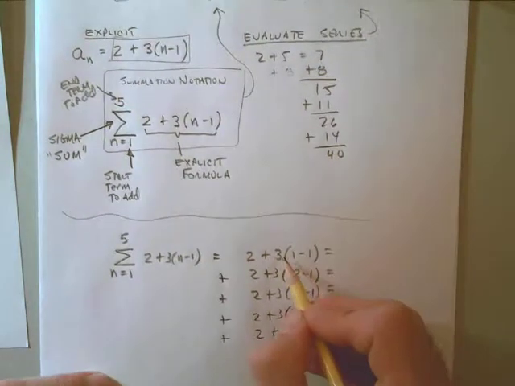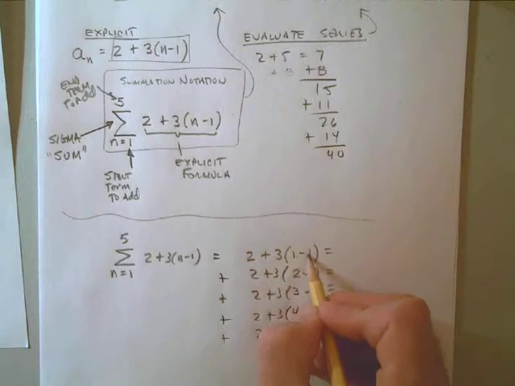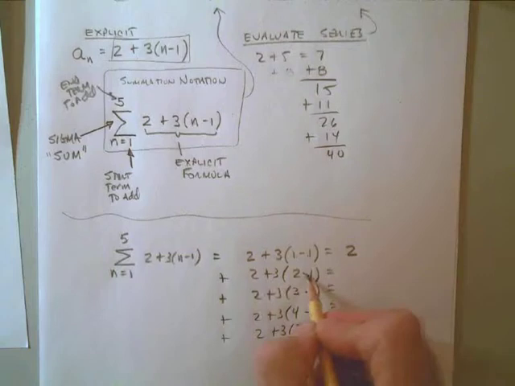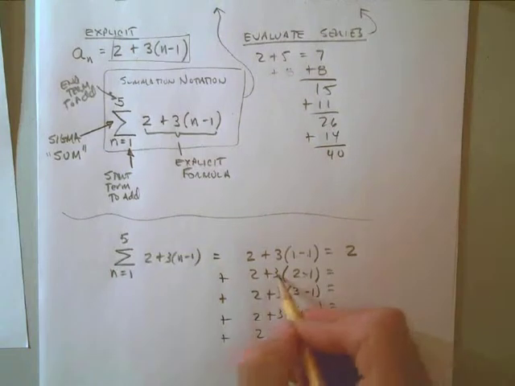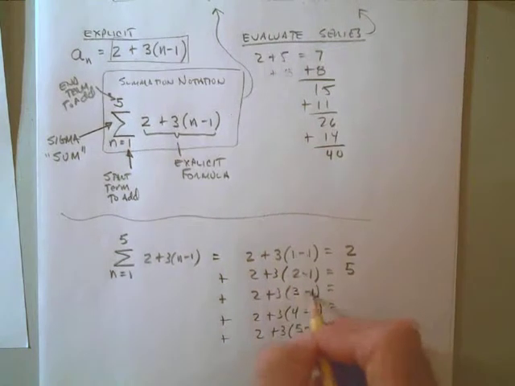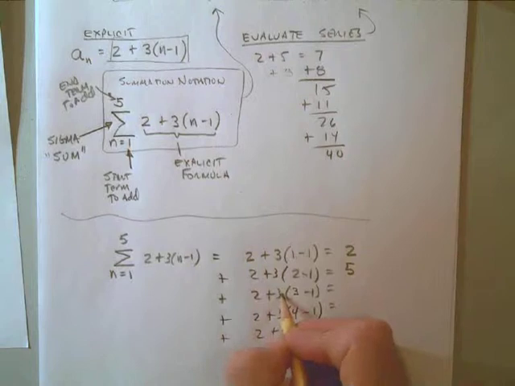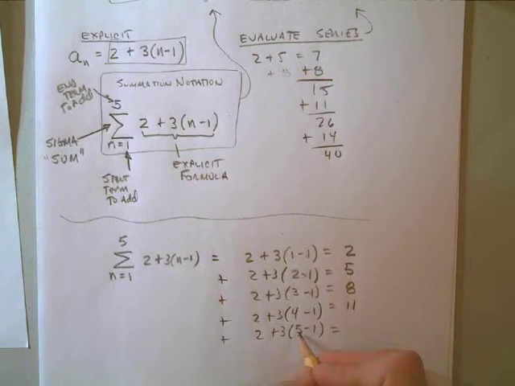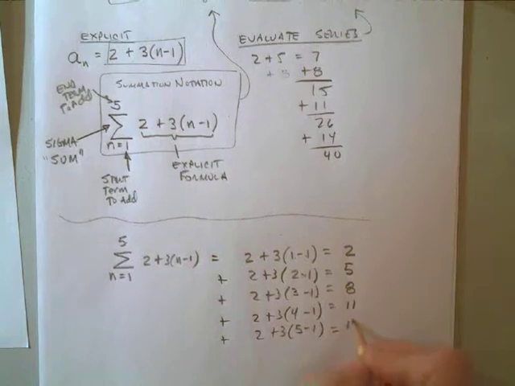So let's see. 1 minus 1 is 0, times 3 is 0, plus 2. 2 minus 1 is 1, times 3 is 3, plus 2 is 5. 3 minus 1 is 2, times 3 is 6, plus 2 is 8. 4 minus 1 is 3, times 3 is 9, and 2 is 11. 5 minus 1 is 4, times 3 is 12, and 2 is 14.